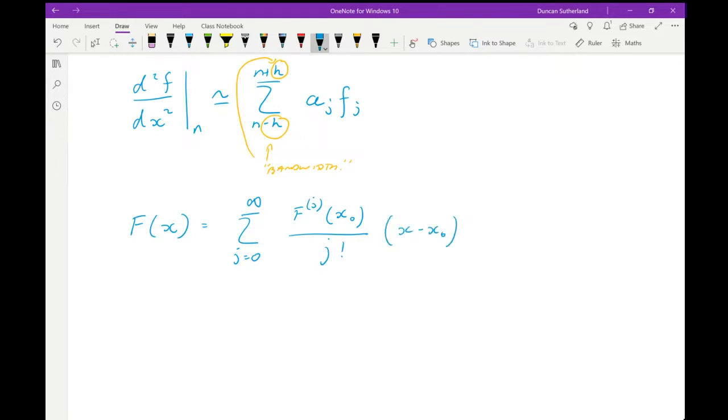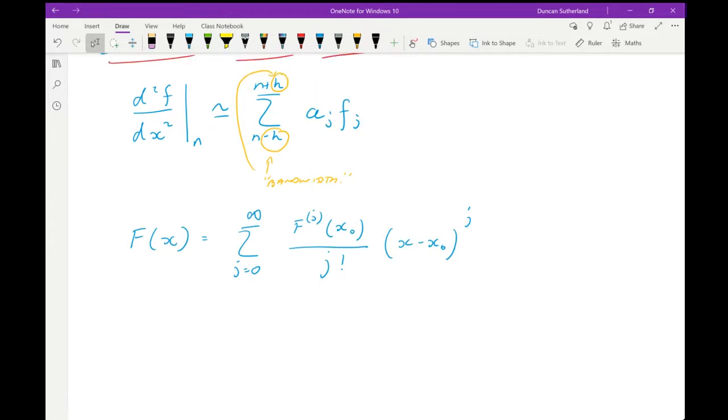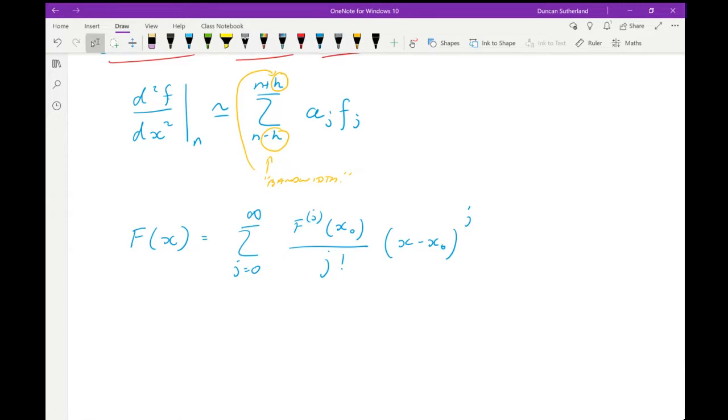So this is the Taylor series of big F at x naught. What we're going to do is use this kind of Taylor series to approximate little f at xn. So little f at xn is approximately this.